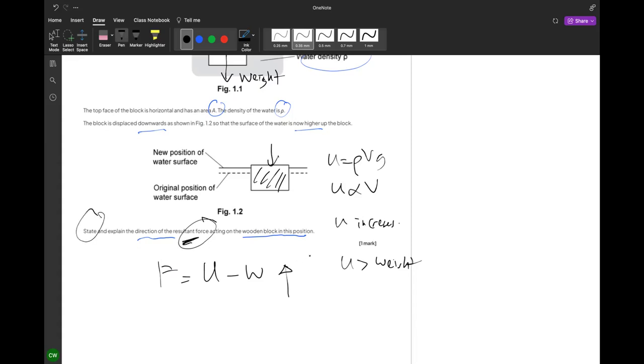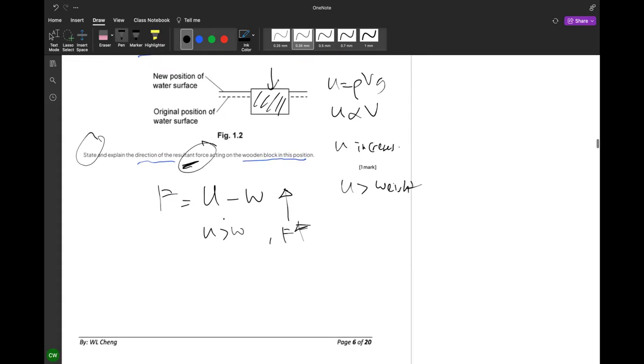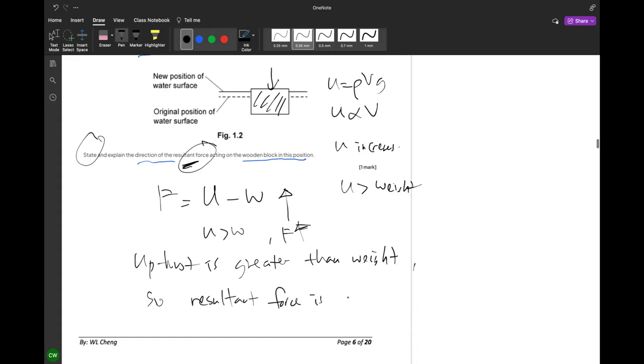So you have to tell U is more than W, so F is up. Okay, can you write this one in English? So you have to say upthrust is greater than weight. So resultant force is upwards. Okay, it's upwards.